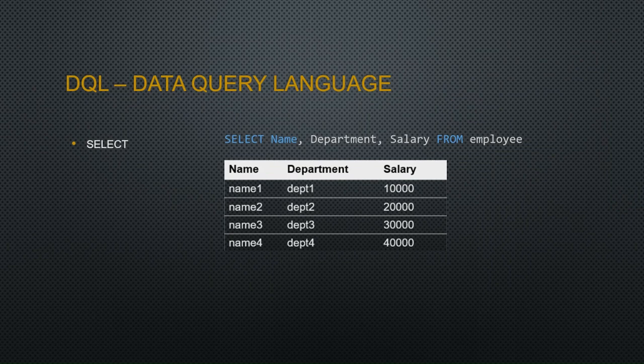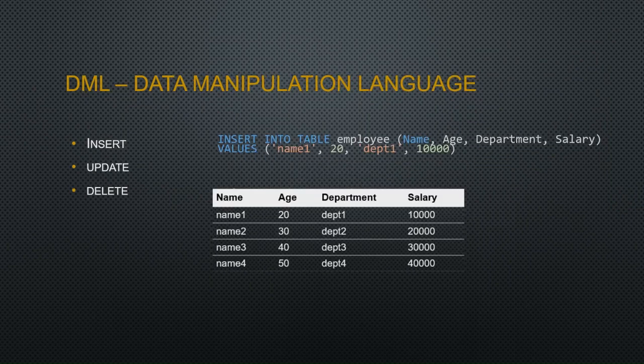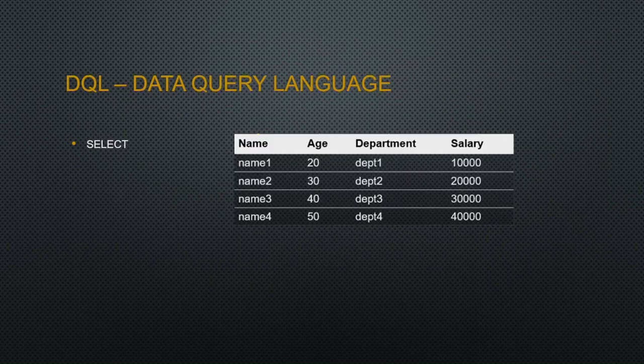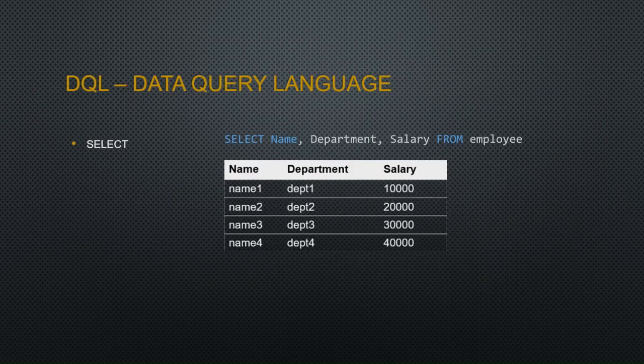Now if you look at the output, this is not our actual table, because if you look at this one, we also had an age column there, but now we only have name, department, and salary. This again looks like a table itself, the output of select, but because while writing this select we removed the age column, it's not there in the output.